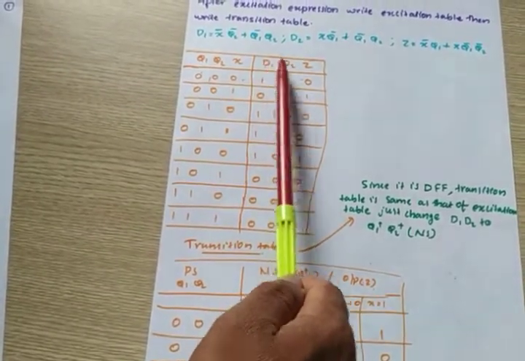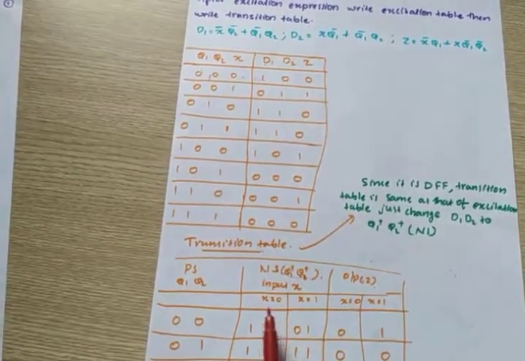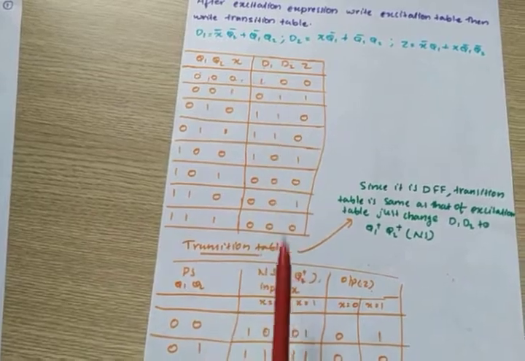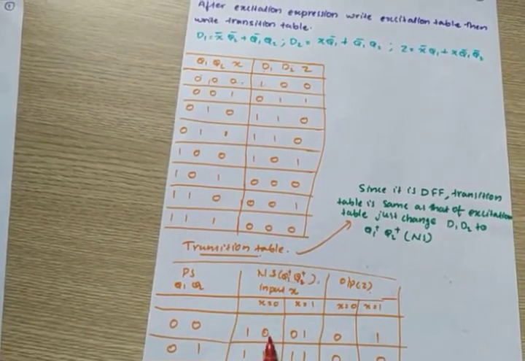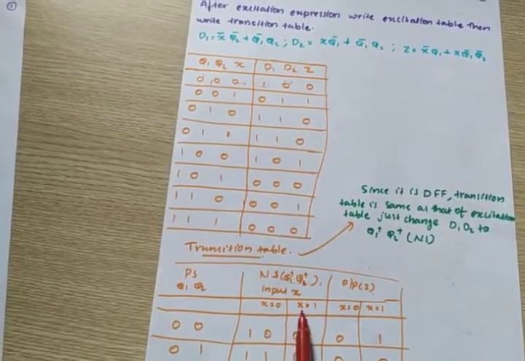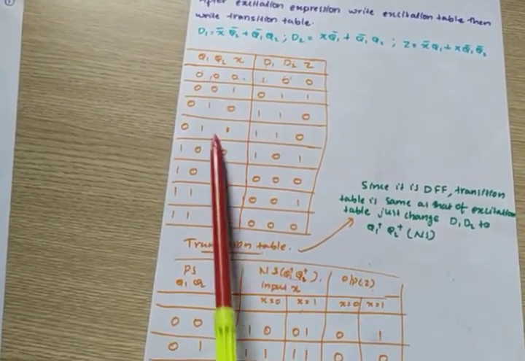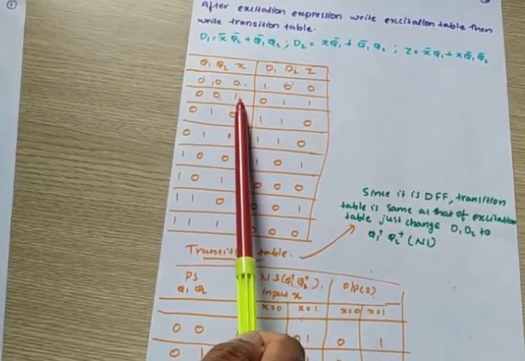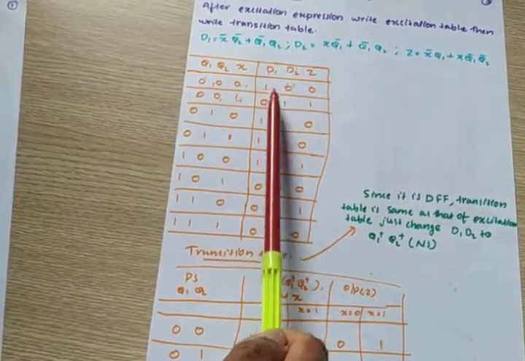You write Q1 and Q2. What is Q1? What is Q2? For 0 0 with input 0, Q1 is 1, Q2 is 0. We write that here. For input 1, for 0 0, what is Q1? 0. What is Q2? 1.